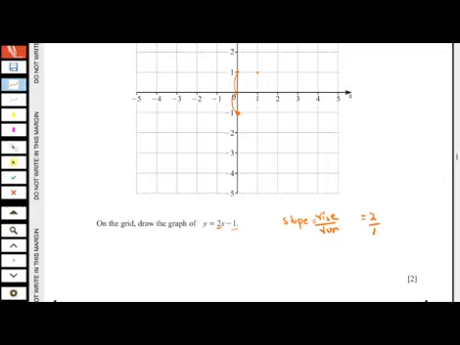Connect these points. So we will get y equals 2x minus 1.